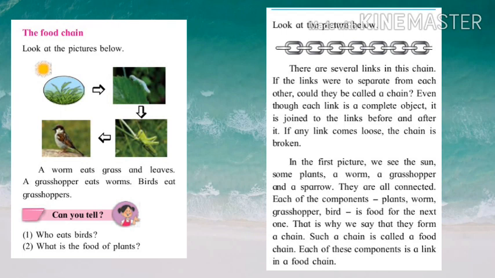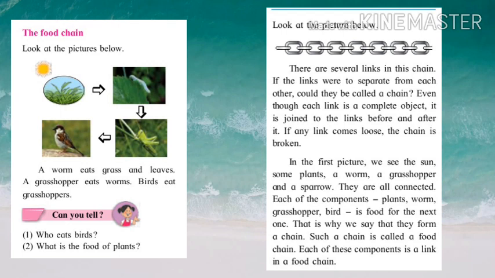Again these worms are eaten by the grasshopper. Grasshopper is eaten by the sparrow. You can see that they are depending on each other. Thus plants, worm, grasshopper, bird, each is the food for the next one.